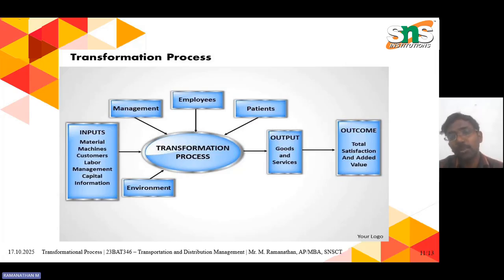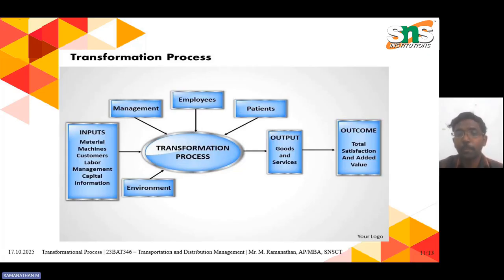From that we can take feedback from the customer, and as feedback we can change our input and transformational process accordingly. The outcome is that the customer and consumer has to be satisfied and value has to be added.